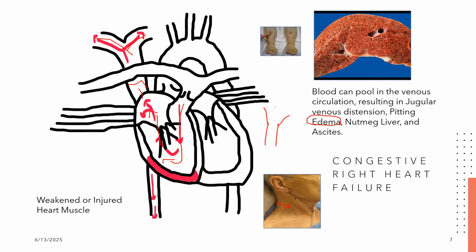So now a lot of blood is pooling in the jugular veins and causes them to distend, or basically enlarge and bulge, so that it is actually visible right here in this patient.